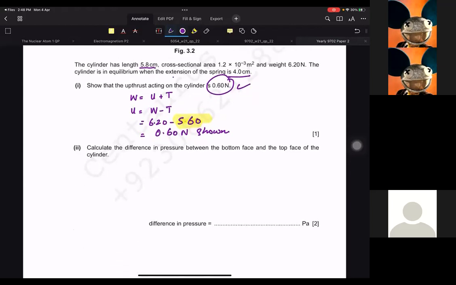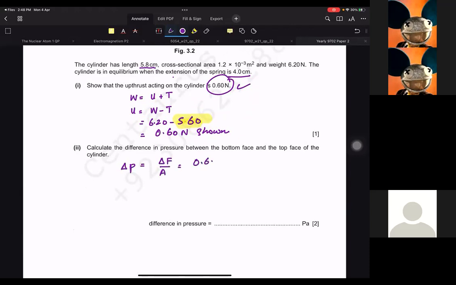Now, it says calculate the difference in pressure between the bottom face and the top face of the cylinder. It's pretty easy because we already have the upthrust, and upthrust is the difference of pressure. So we know that the change in pressure would be equal to change in force over area.